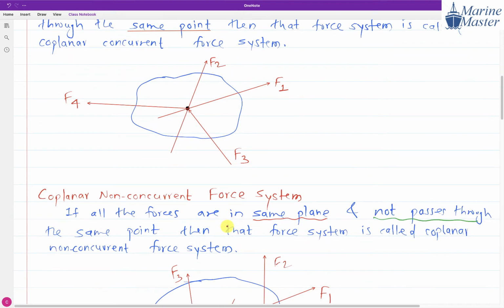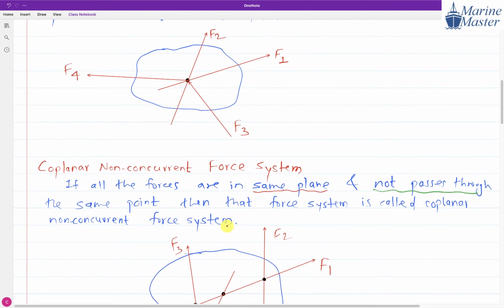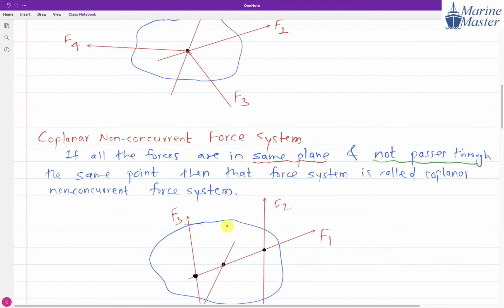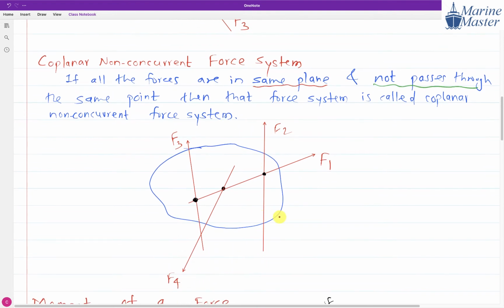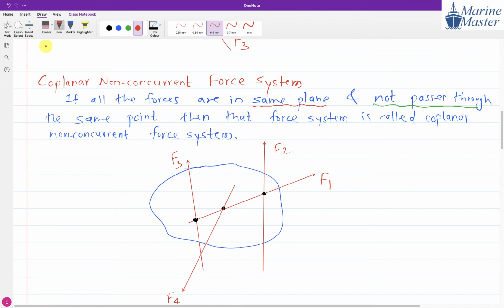Now the next type of force system is coplanar non-concurrent. Coplanar means all forces are in the same plane, and non-concurrent means they do not pass through the same point. Here all the forces F1, F2, F3, F4 are in the same plane, but do not pass through the same point.